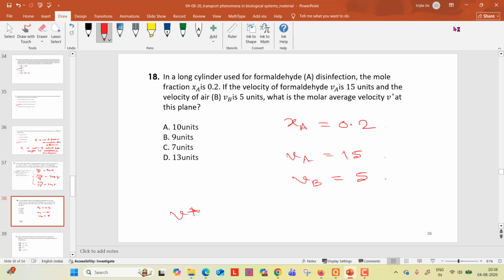So for two component systems, V star equals VAXA plus VBXB. So it will be 15 into 0.2 plus 5 into 1 minus 0.2, that is 0.8. How much is it coming? Calculate and tell me. Very easy sum.